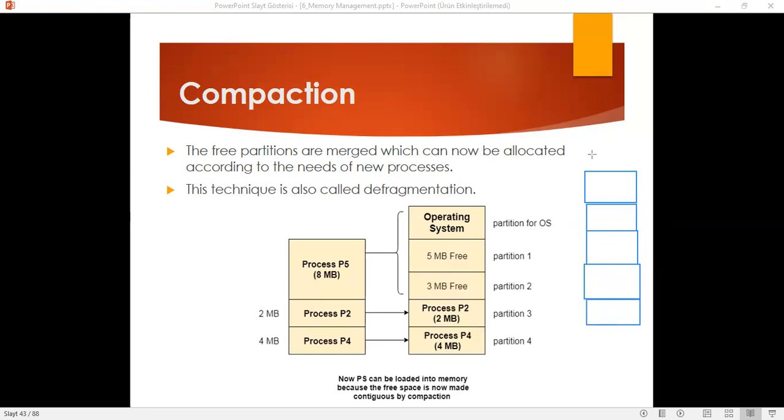Let's say this is memory, and we have processes. These are unallocated places, the upper side, process 1, process 2, process 3, and let's say this part is free.